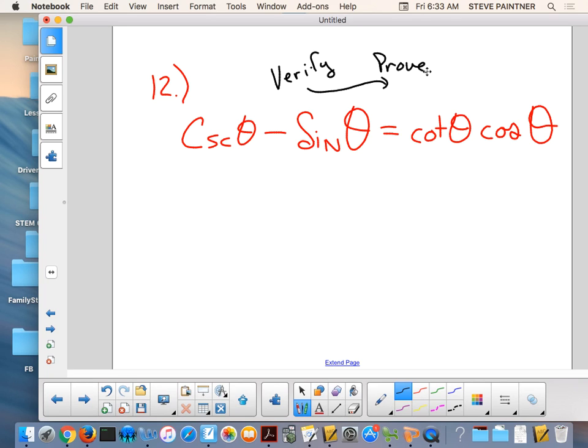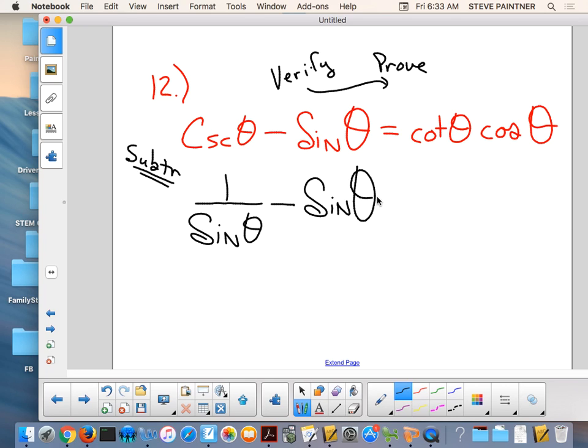Again, this is a subtraction problem, so we need common denominators. Well, first, sine is good. I like sine. I don't like cosecant. So this cosecant can be just called 1 over sine. That is your reciprocal identity. Minus sine of theta equals that stuff.